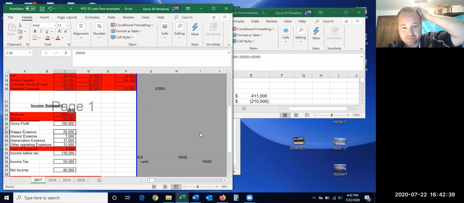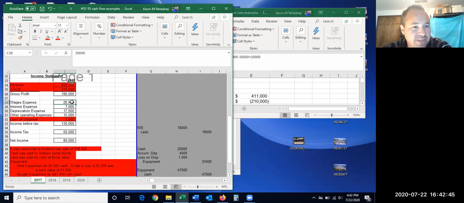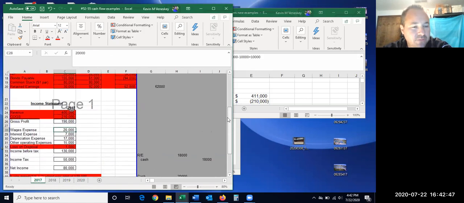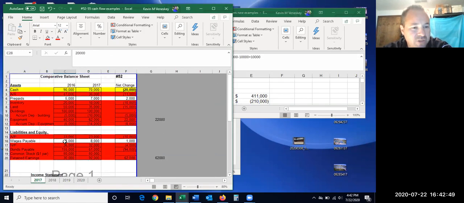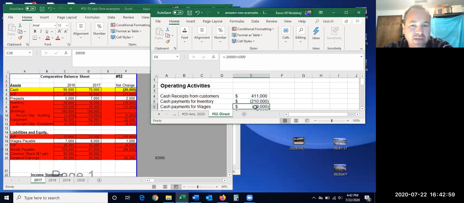Wages expense. Well, we're going to compare that with our wages payable, obviously. Wages expense says 20,000. My wages payable says I didn't quite pay all 20,000. I put an extra 1,000 on account. So when I come down here, my payments for wages is going to be the 20, but that 1,000 I have saved temporarily.